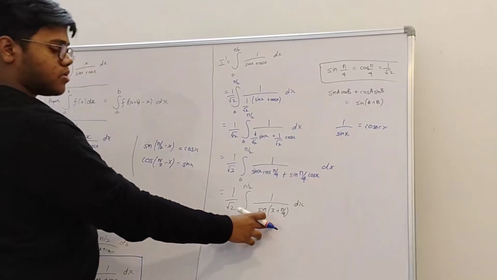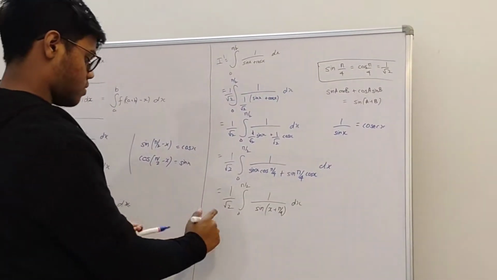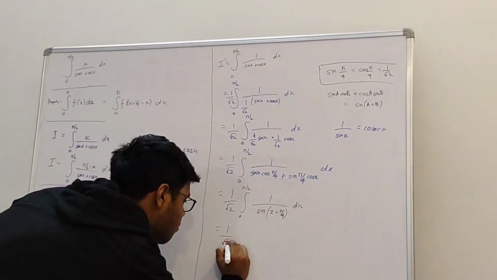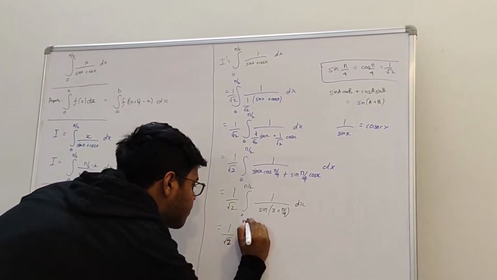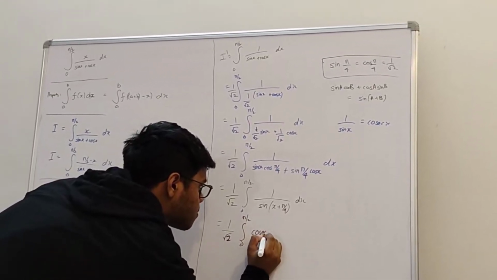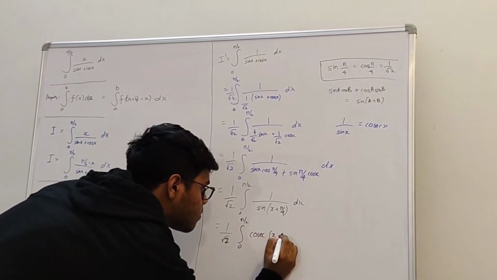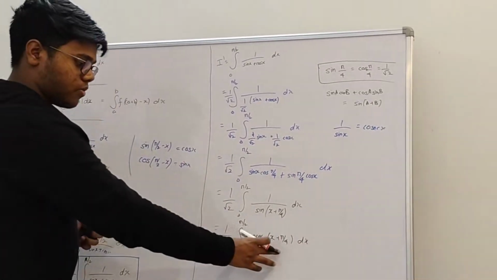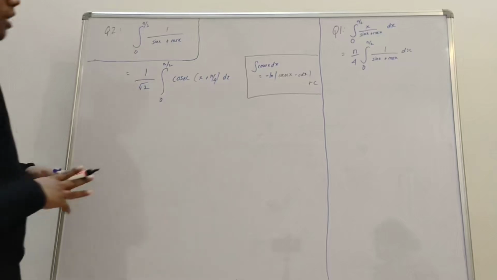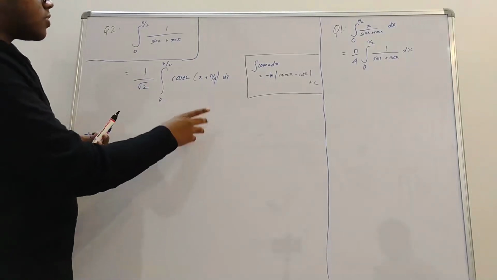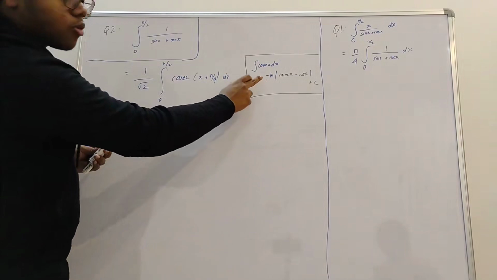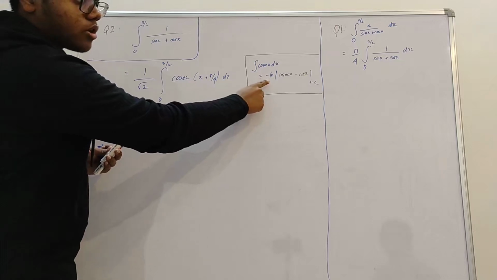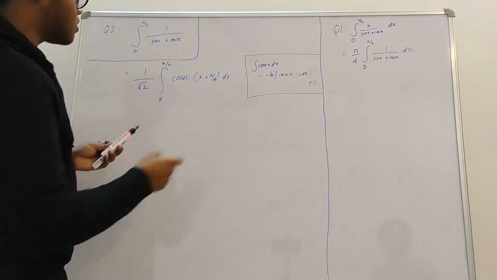So let's replace this here. So now we are going to integrate this. I wrote the previous step here. The integral of cosecant x is the negative natural logarithm of cosecant x minus cot x.